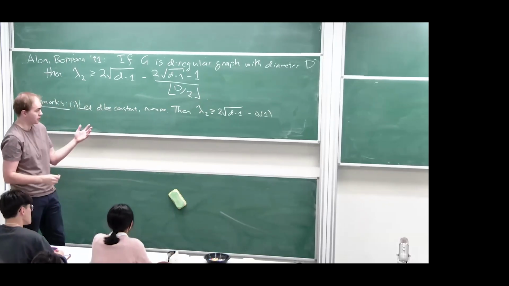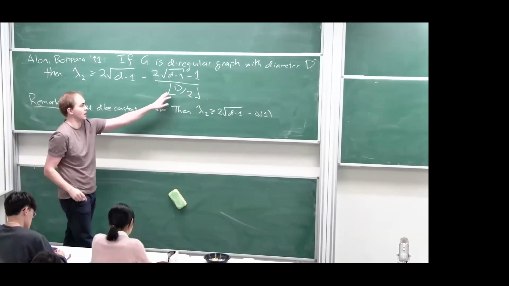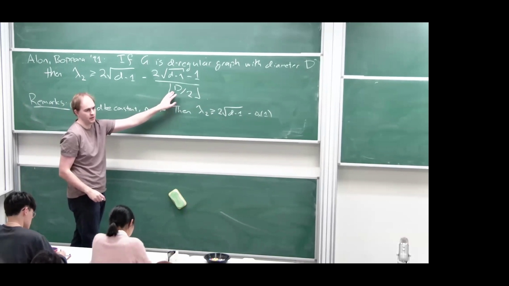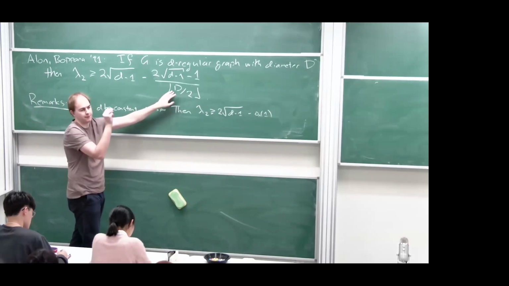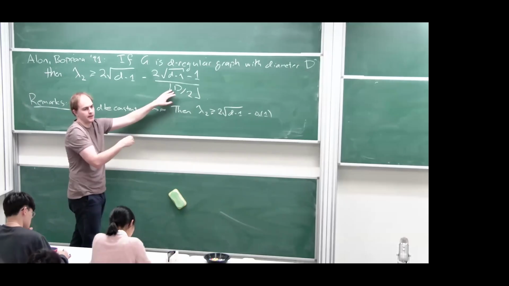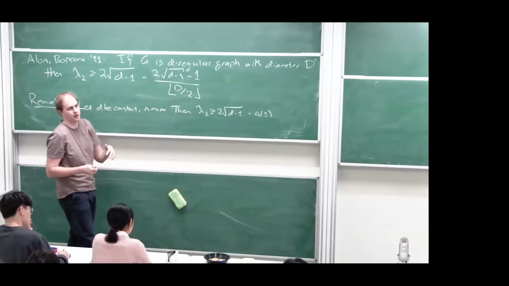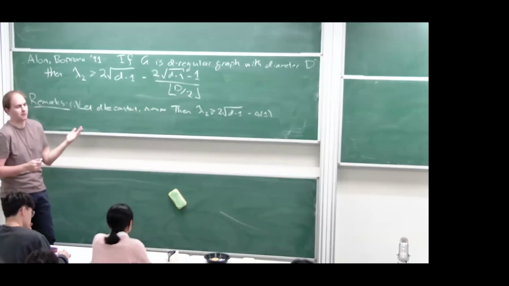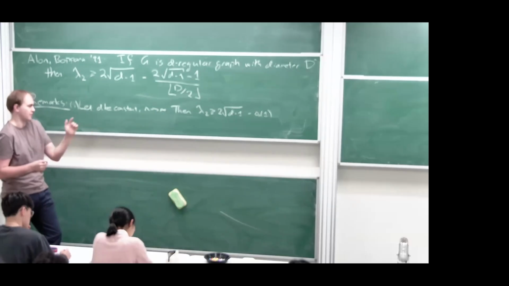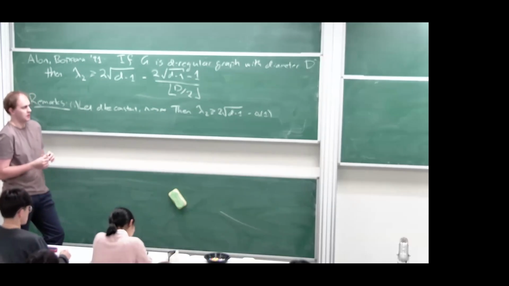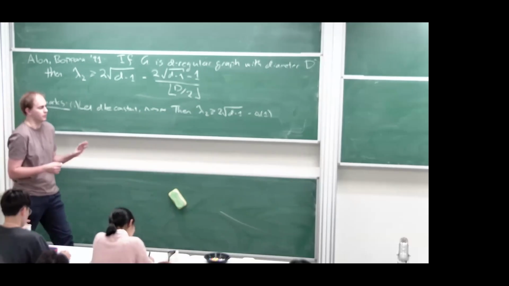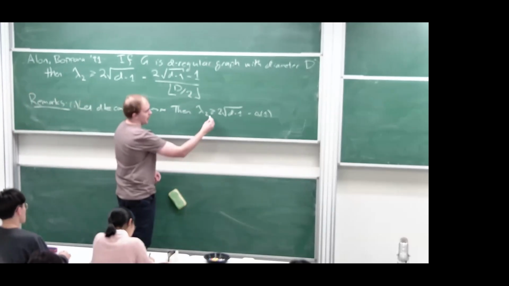Which is obviously true, because if d is constant, then if you fix a vertex v, the number of vertices distance k apart is bounded above by d to the k from a given vertex. So when you sum them up, you'll see that the diameter grows at least logarithmically in n. You can get a bit more precise estimates if you want to, but basically that's the case.